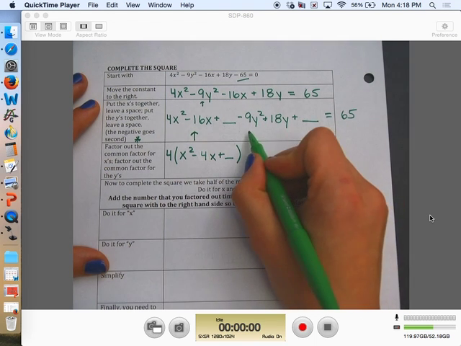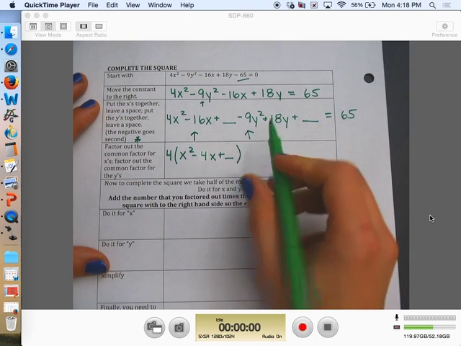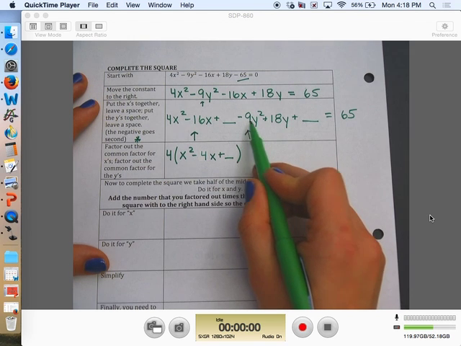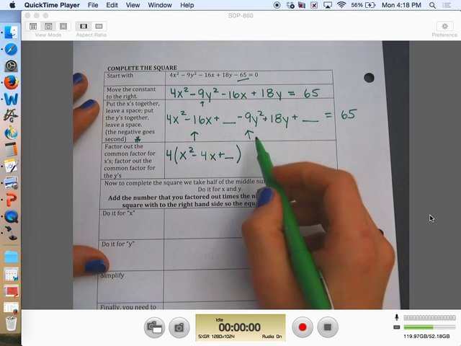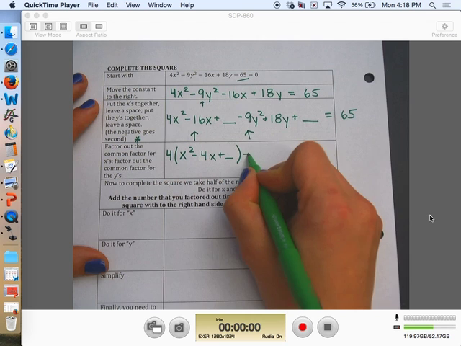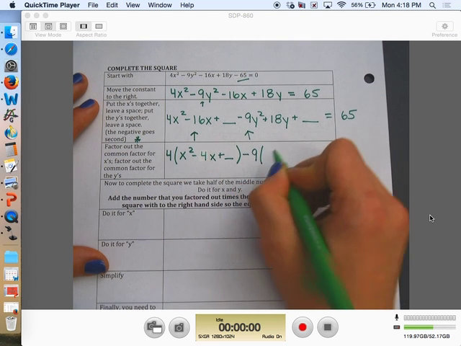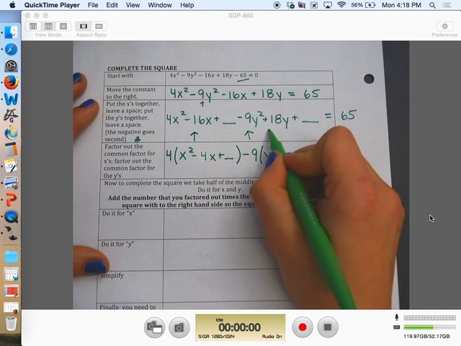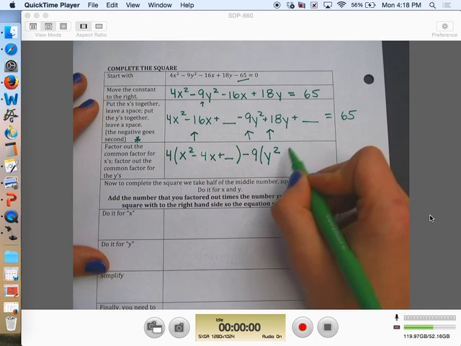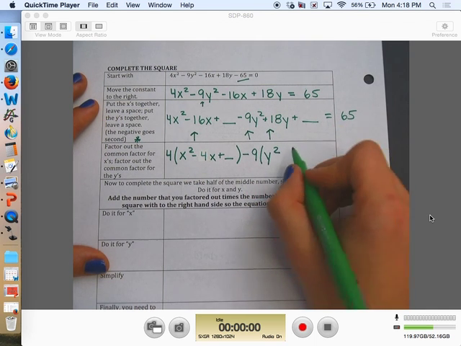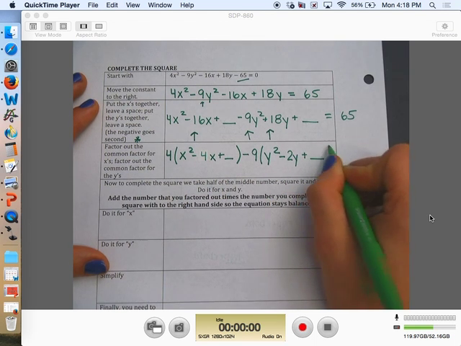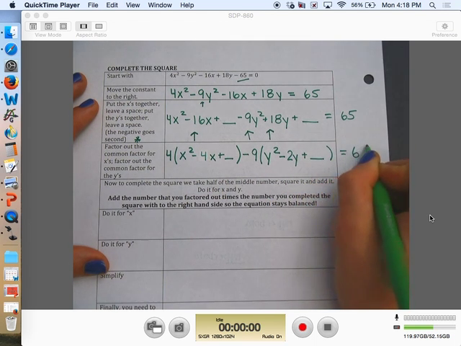This is where we have to be careful with the negative. Because I have a -9y squared, I have to factor out a negative number, -9, and remembering that this needs to change sign. So I have y squared minus 2y plus space is equal to 65.